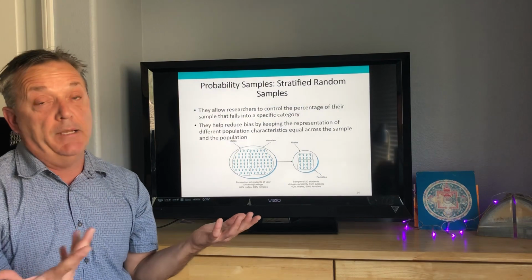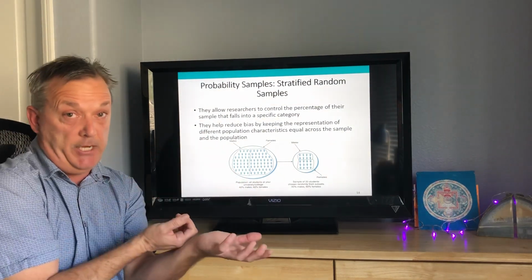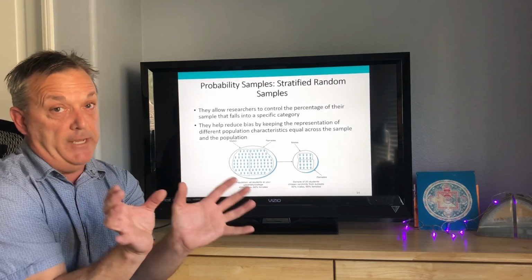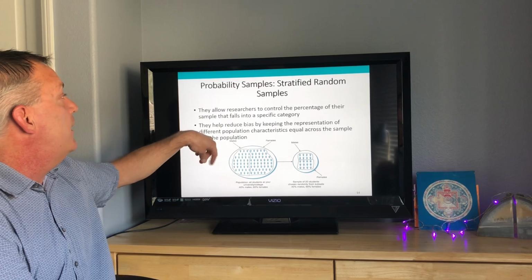You want to reflect that, because you don't want the male-female variable to affect your study. So you want it to properly reflect the population, and you can do that through a stratified random sample.